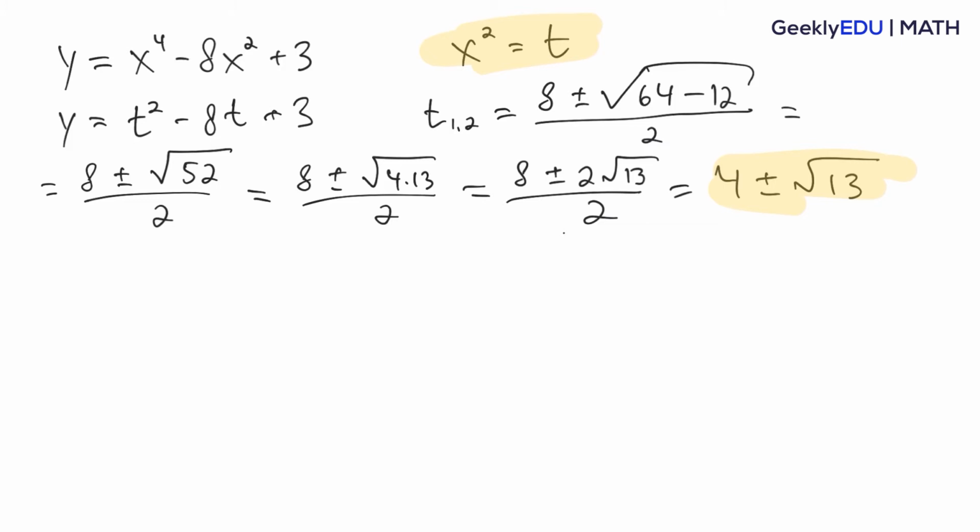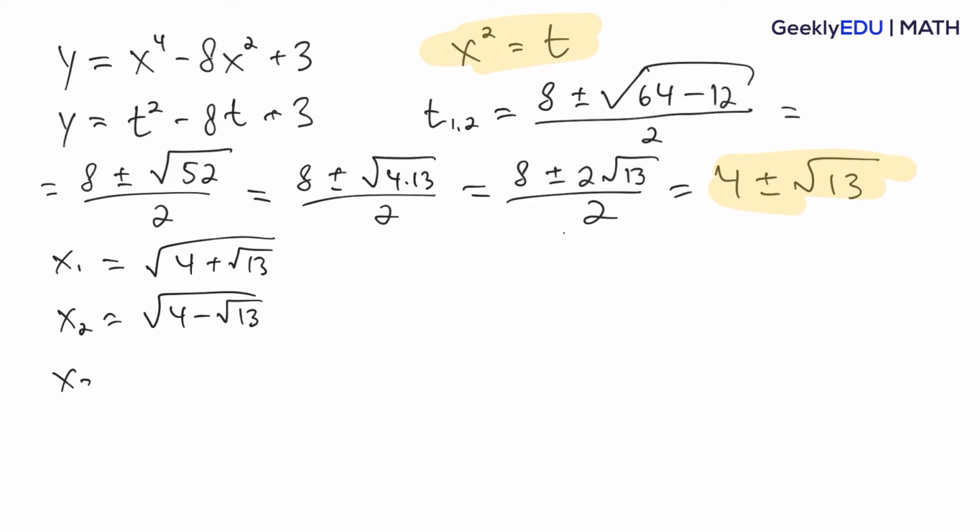So let's do that. x1 will be the square root of 4 plus the square root of 13. x2 will be the square root of 4 minus the square root of 13. x3 will be minus the square root of 4 plus the square root of 13. And x4 will be minus the square root of 4 minus the square root of 13. So we have 4 really confusing roots here.